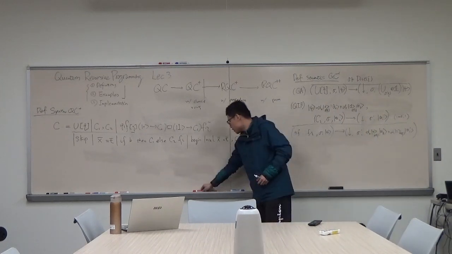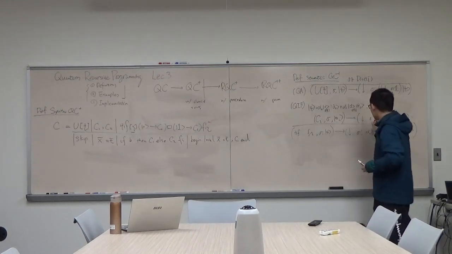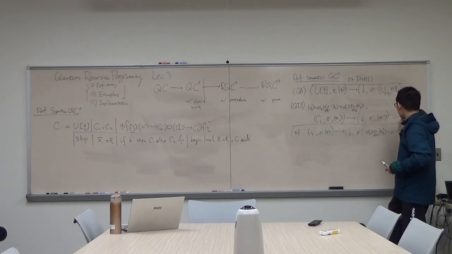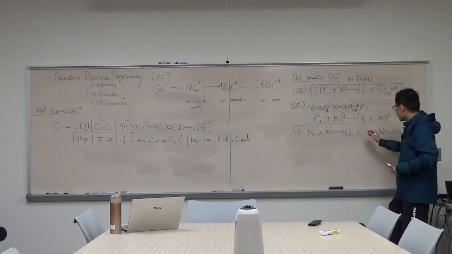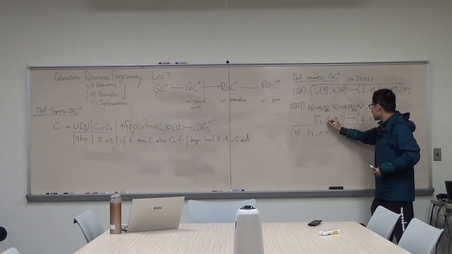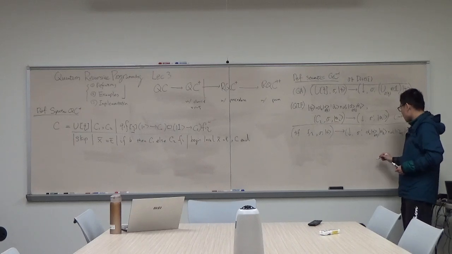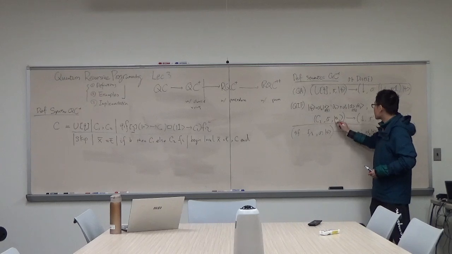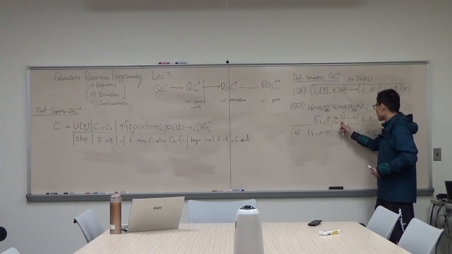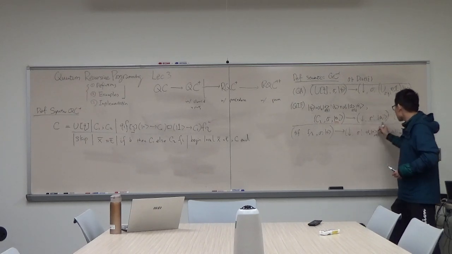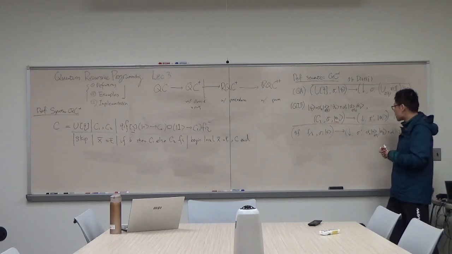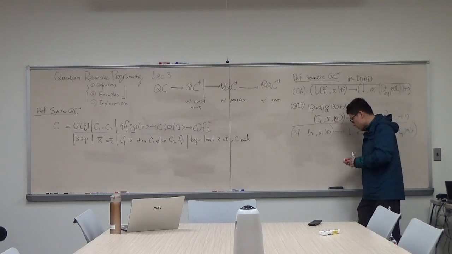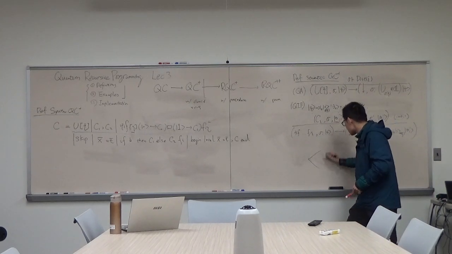But remember, here we have some condition. In these two quantum branches, i equals 0 and 1, they take the same classical state sigma to the same classical state sigma prime. But the quantum state can be different. It can be theta i to theta i prime. So why do we restrict these two quantum branches?